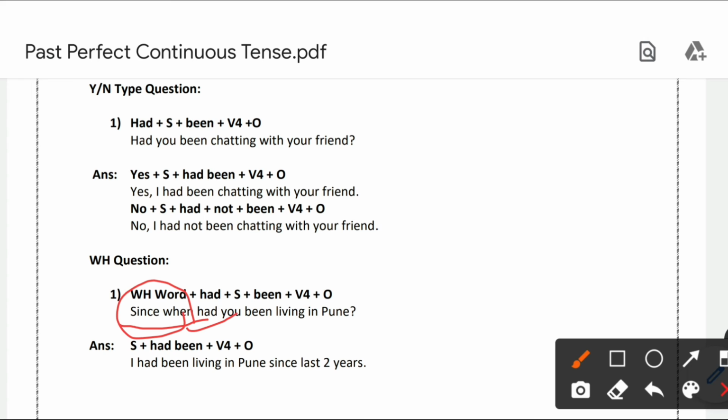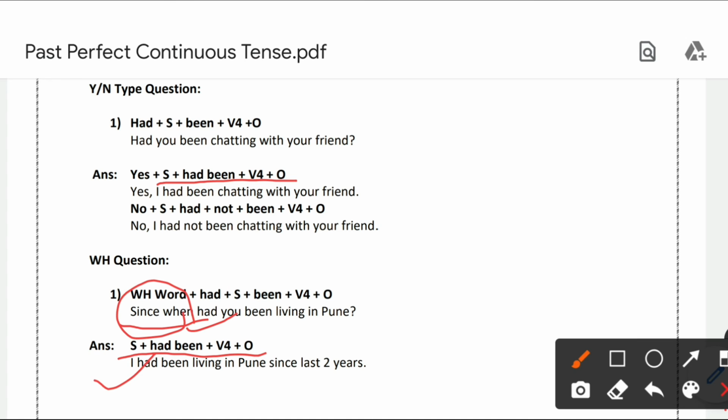Now the answer is, I had been living in Pune. Here the formula is the same, right? The formula of a simple sentence: subject plus had been plus v4 plus object. So here it is, I had been living in Pune since last 2 years.